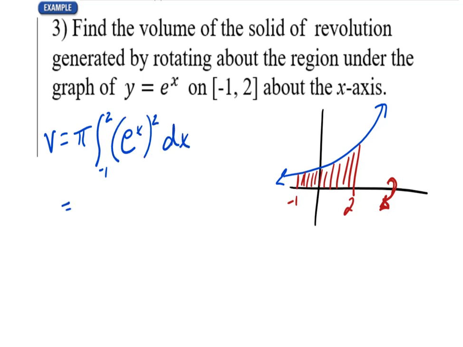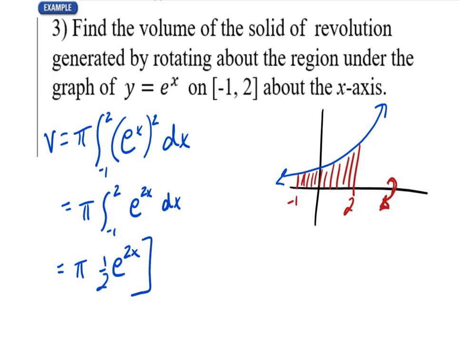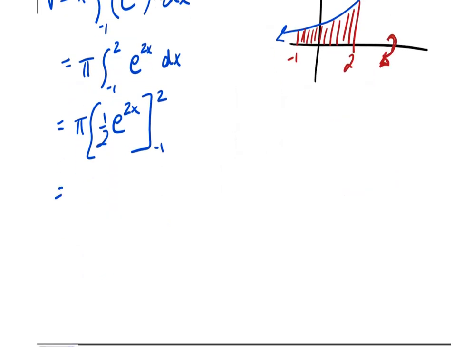Now I'm going to work this out by hand, but I definitely would encourage you just to use your calculator for this one. That's going to be pi times the integral from -1 to 2 of e to the 2x dx. For that antiderivative, you can use u substitution if you want. I'm going to use the linear shortcut, and it just ends up being 1/2 times e to the 2x. So we're going from -1 to 2. So that's going to be pi times 1/2 e to the 4 minus 1/2 e to the -2.